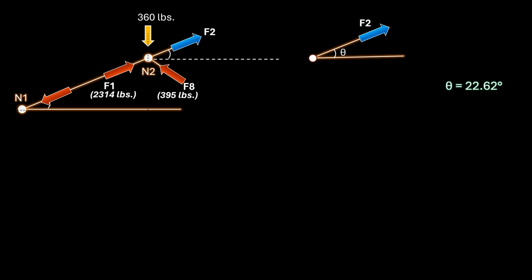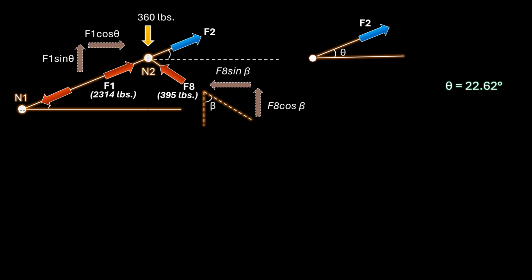Therefore, we need to break down the forces into the vertical and horizontal force components. Starting with F1, we have F1 sine theta and F1 cosine theta. For F8, we have F8 cosine beta and F8 sine beta. F2 will have F2 sine theta and F2 cosine theta. These are the force components that we need to work with.